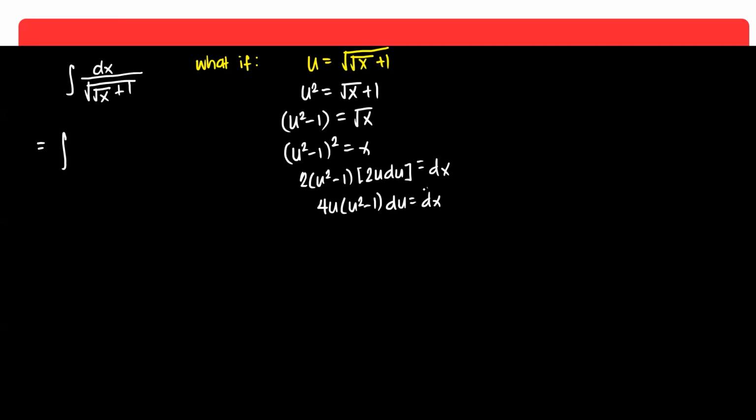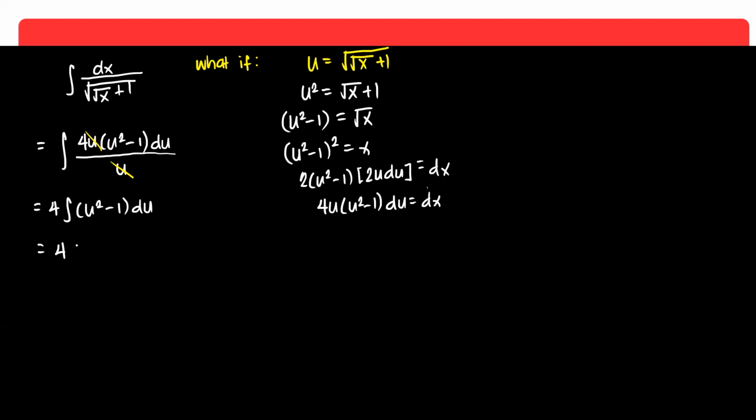The dx is equal to this. And isn't the whole denominator equal to letter u? Therefore, cancel. I don't need the 4. Let's bring it out. You're left with u squared minus 1 du.